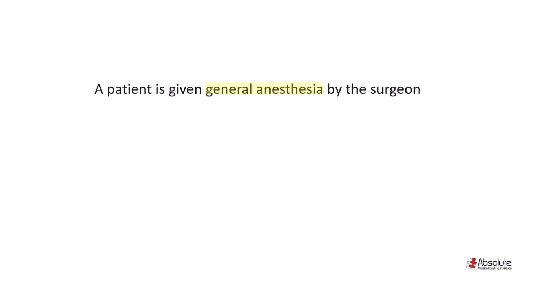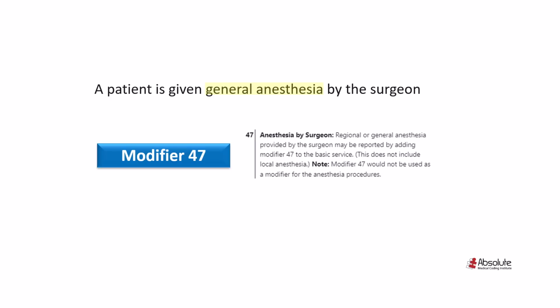Coders, typically anesthesia is provided by the anesthesiologist or the nurse anesthetist. But when the surgeon who's carrying out the surgery also administers the general anesthesia, you will need to append modifier 47.